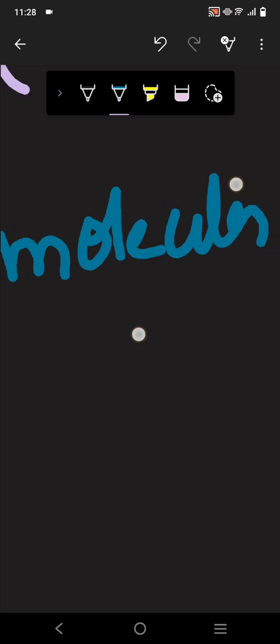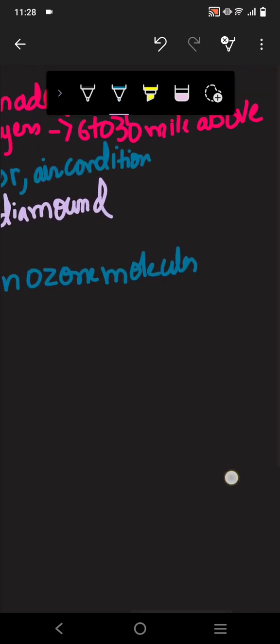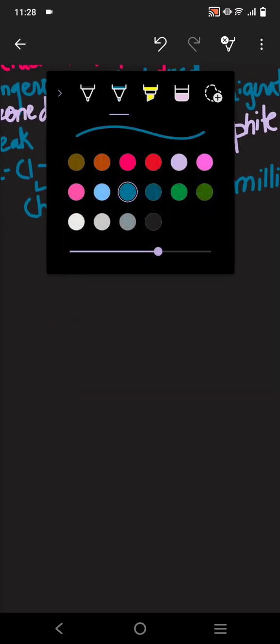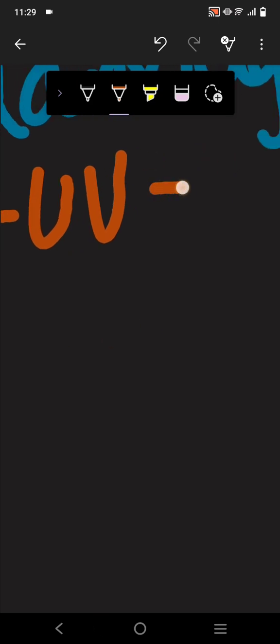If I talk about the effects, they are very simple. The UV rays that used to come to us in a filtered, protective form will now come to us directly.